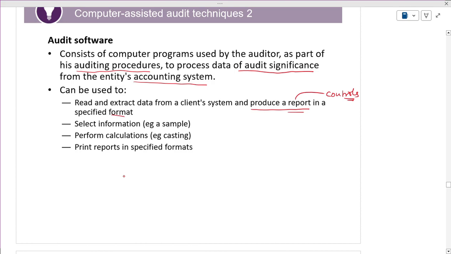So to make it more effective, you can read from the remote place. You can select the information, you can perform the calculations, you print the report in the specified form.